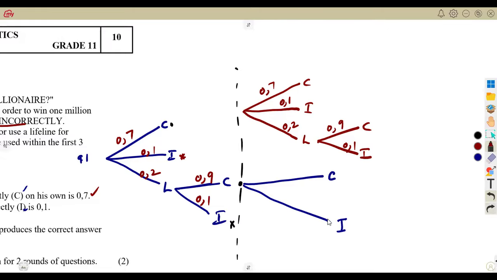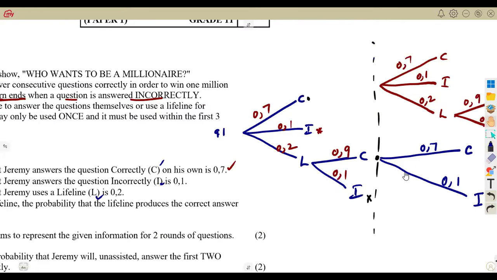But we cannot have that. We are back to the normal asking of questions where the correct is 0.7 and the incorrect is 0.1. But we no longer have the lifeline. The chances of having a lifeline are no longer there. That is what they wanted you to have.